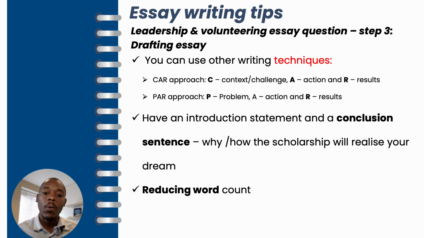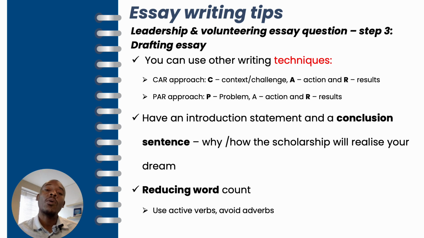How do you reduce word count? With writing essays, you are likely to find that you are going to write more words than is required. So you can use different techniques to try and reduce your word count. Some of the techniques that I usually encourage my mentees to use: one, you need to use active verbs and avoid adverbs.